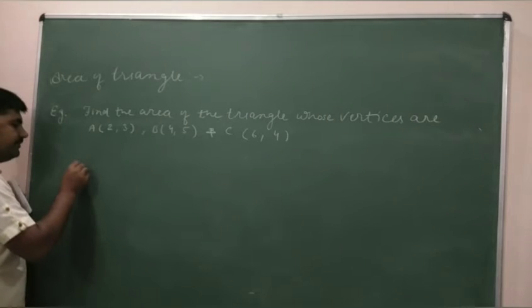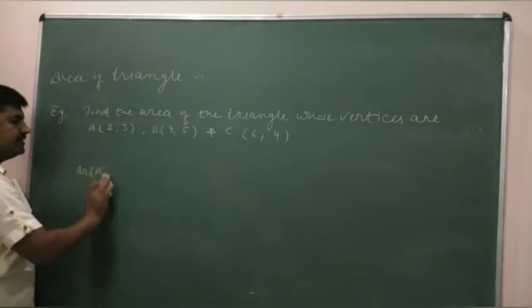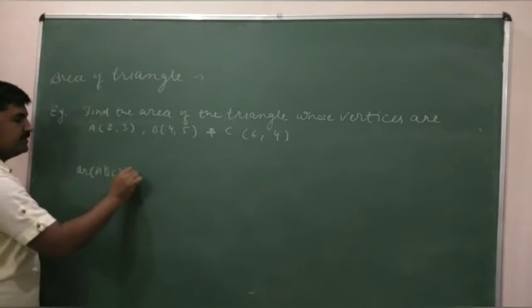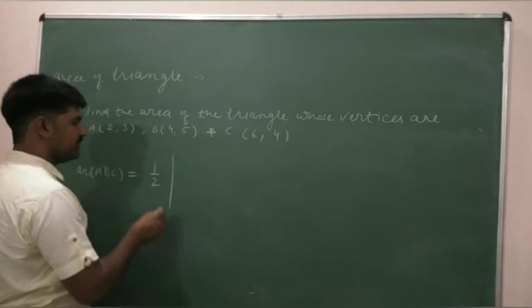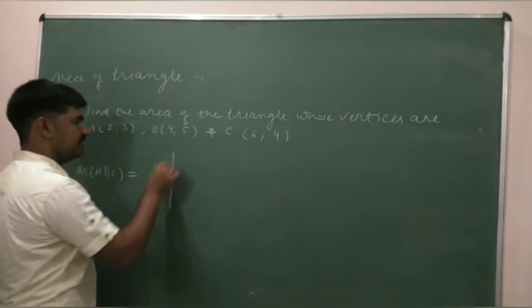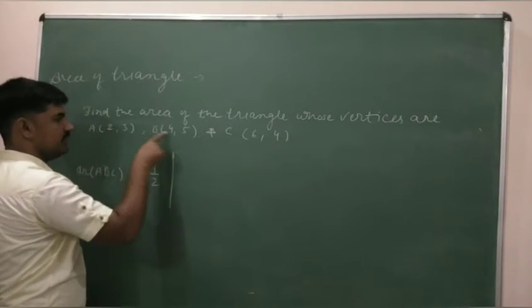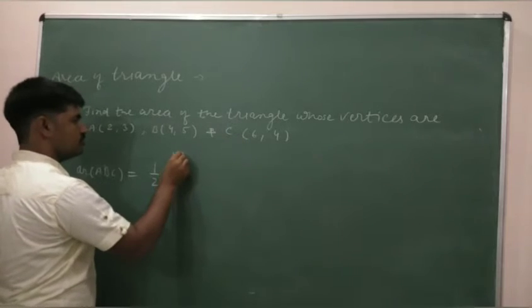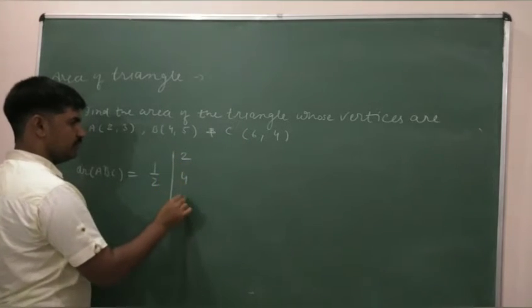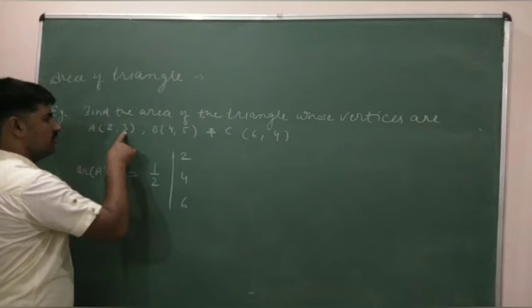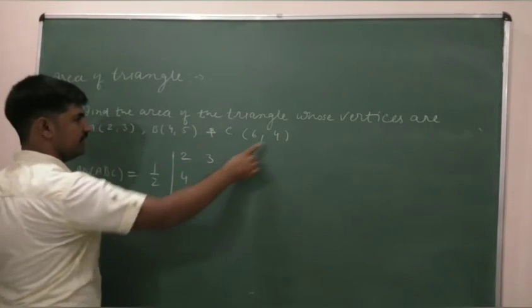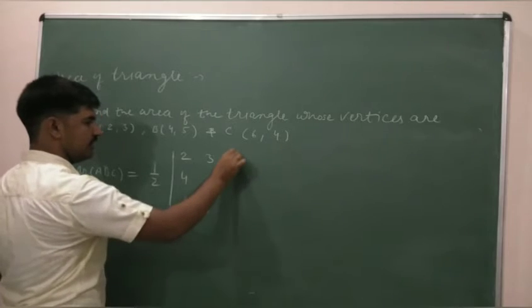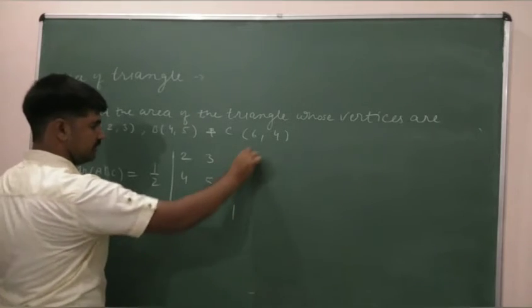So we'll be using area of triangle ABC is equal to half of the absolute value of this particular determinant, and the determinant is x1, x2, x3, so 2, 4, 6; y1, y2, y3, y1 is 3, y2 is 5 and y3 is 4; and here 1, 1 and 1 we have taken.